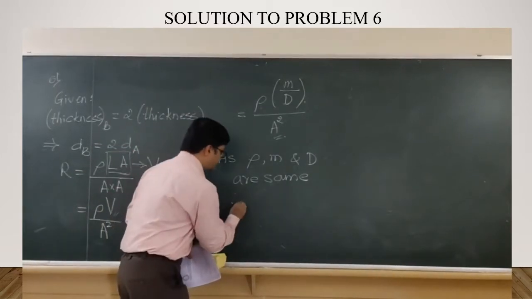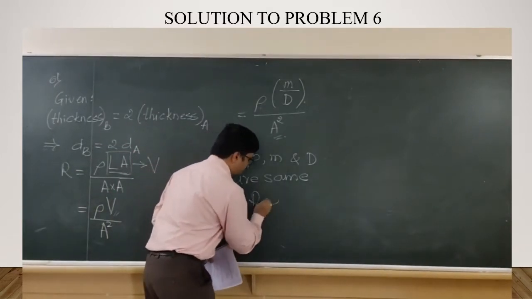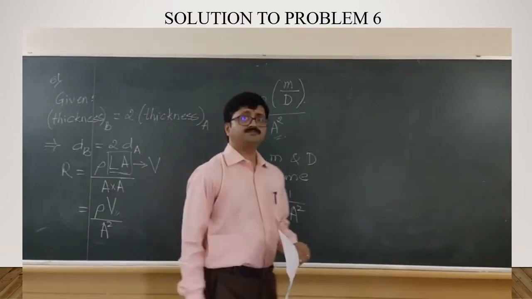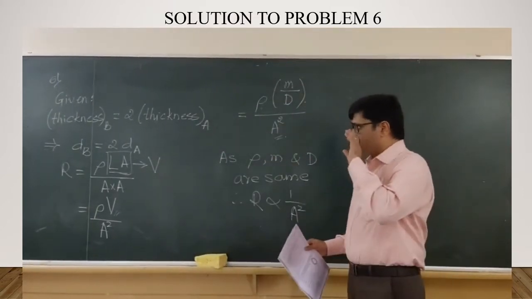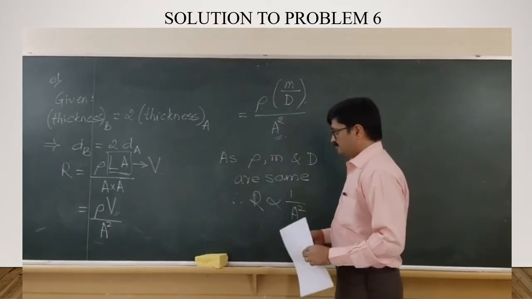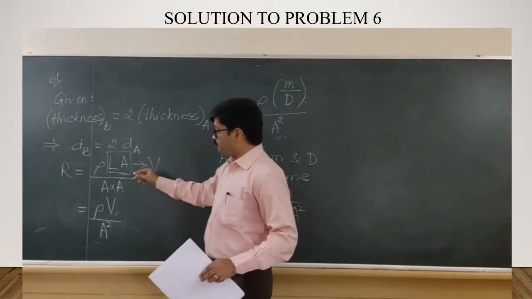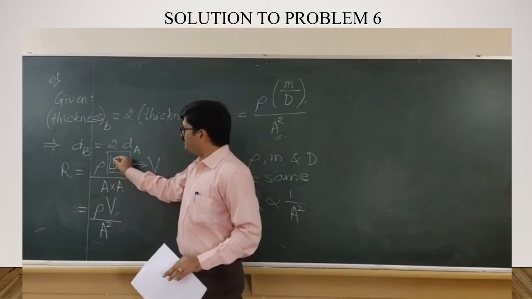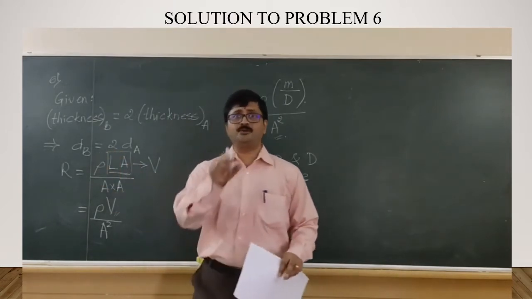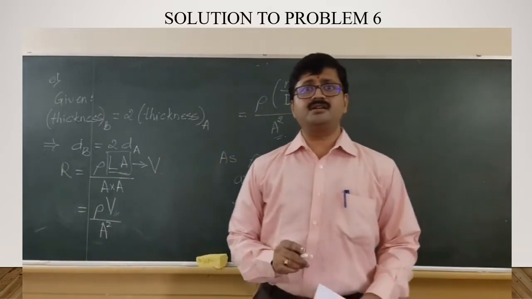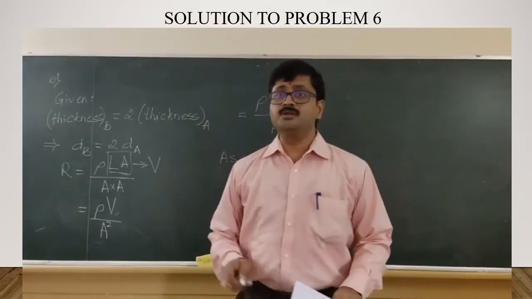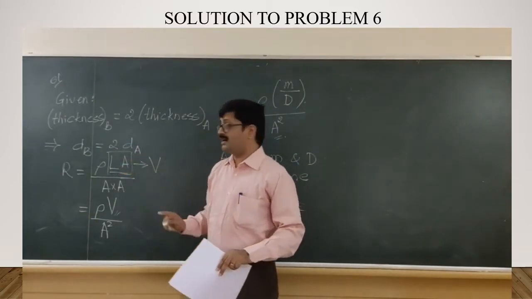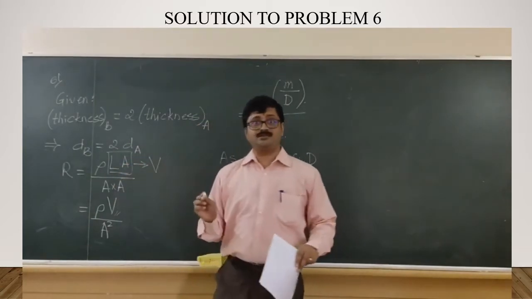So therefore we can say R is inversely proportional to A square here. Now one more important thing: the main reason I follow this approach is they have not mentioned anything regarding length in the problem. Have they mentioned anything regarding the length? They have not. In order to avoid the usability of length, I am making this adjustment here.